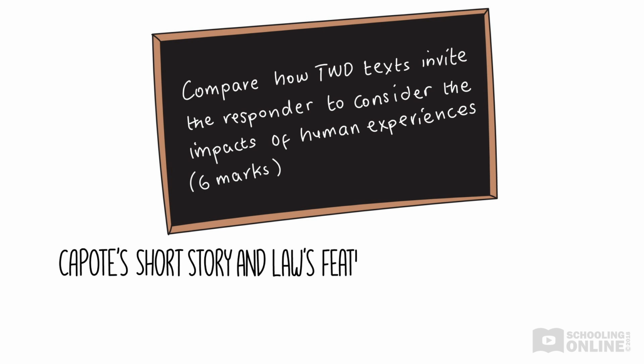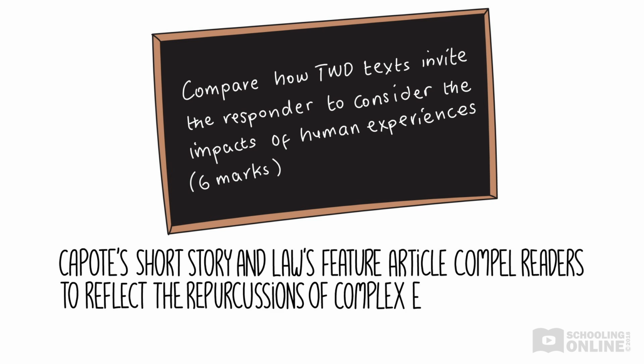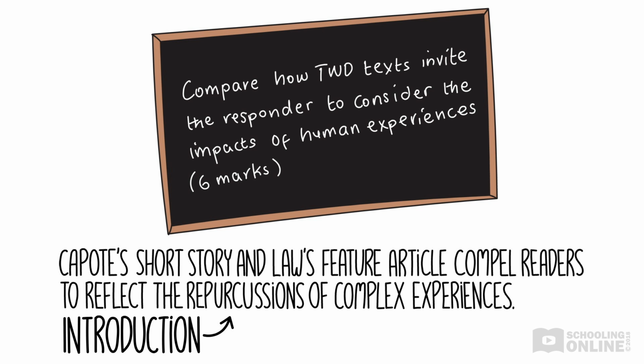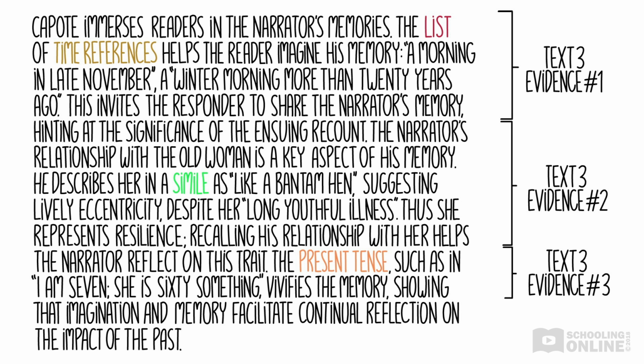Here's our sample response that compares texts 3 and 4. Notice how we've started off with a brief introduction to our chosen texts. Next, we've written a quick paragraph on each text. Because the question is worth 6 marks, we've chosen 3 pieces of evidence for each paragraph. Here's our first paragraph, which is all about Capote's short story.